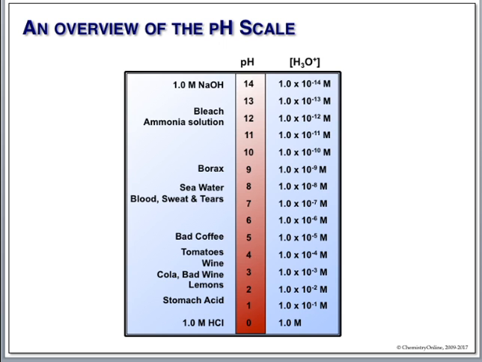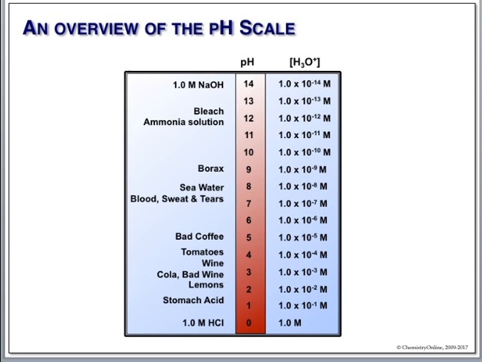Going back up the scale here, really bad wine is about pH 3. I'm sure we've all tasted that. Bad coffee is about 5. We hit 7. Remember, 7 is neutral.